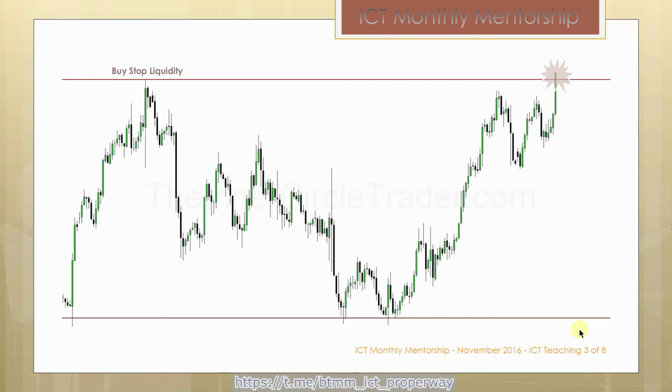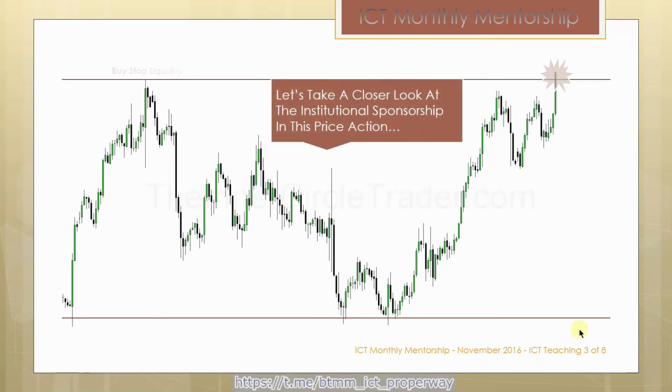of why this was such an easy expectation and how institutional sponsorship could aid you in your price action study when you see buy stop liquidity as your targets. What things should we see in price action to help support these ideas? We're going to take a look at this in the form of a lower time frame chart.